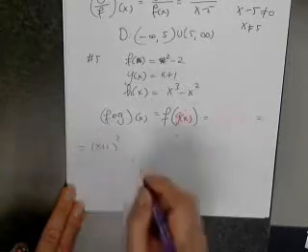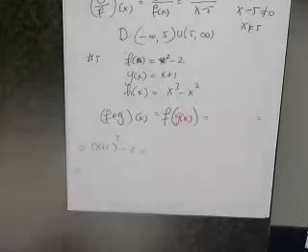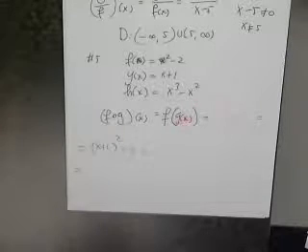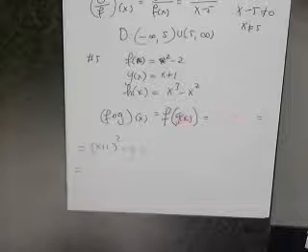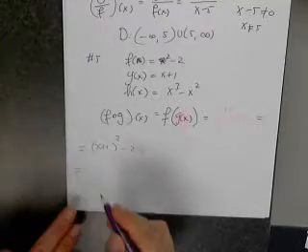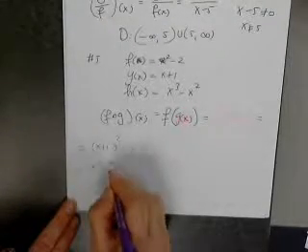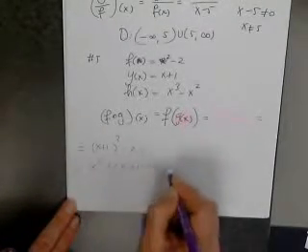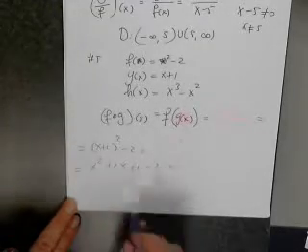I have to square x plus 1. And I know you're not going to say x squared plus 1, right? Because a binomial squared has 3 terms. So when I square x plus 1, what do I get? So now I combine like terms.